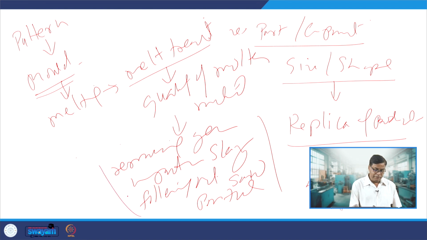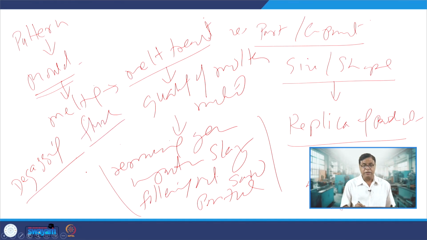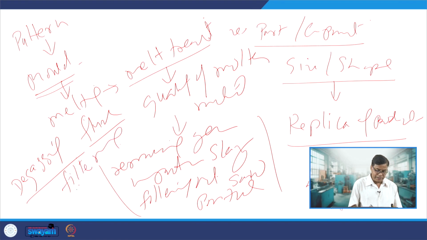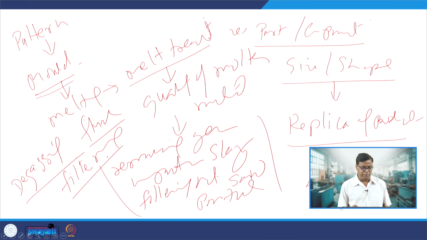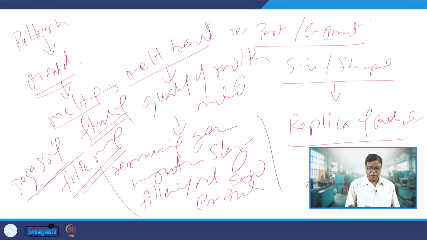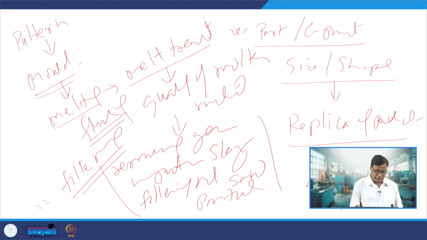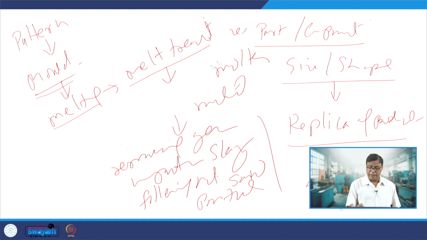So, basically we do degassing for removing the dissolved gases, then we do fluxing to take care of the impurities, and filtering to remove the solid particles which are there in the molten metal. So, the melt treatment will involve degassing, fluxing and filtering, and once these three things are done, then we get the desired quality of the molten metal.